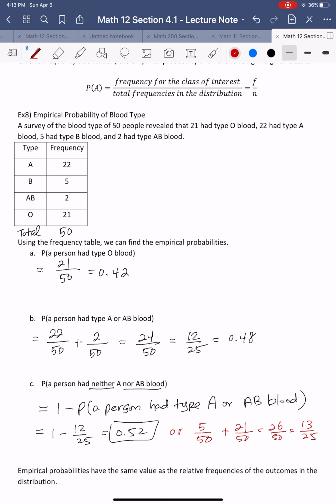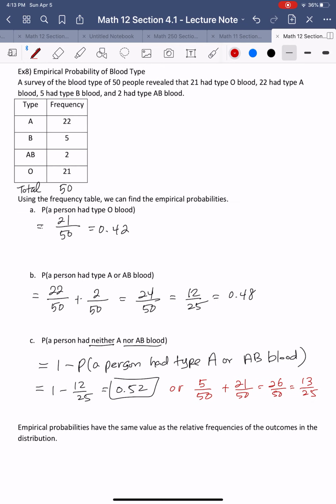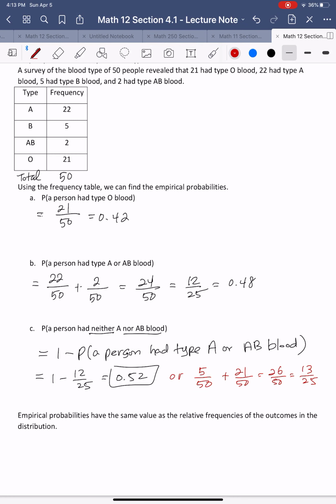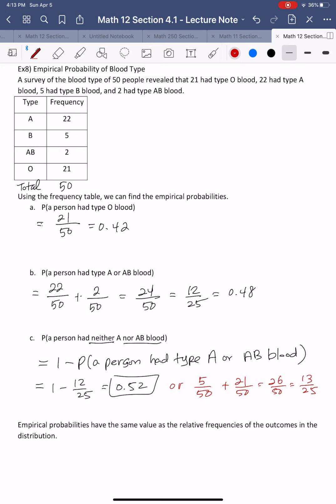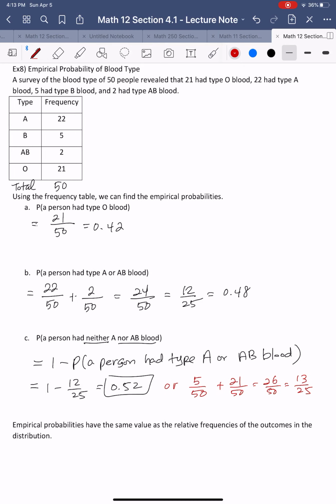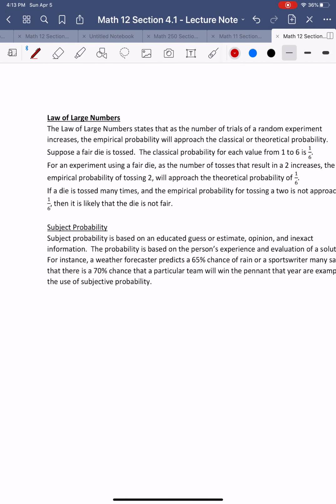Okay, so it's going to be the same. Either way is fine, but you can just use the complement to find the probability too. So empirical probability has the same value as the relative frequencies of the outcomes in the distribution.